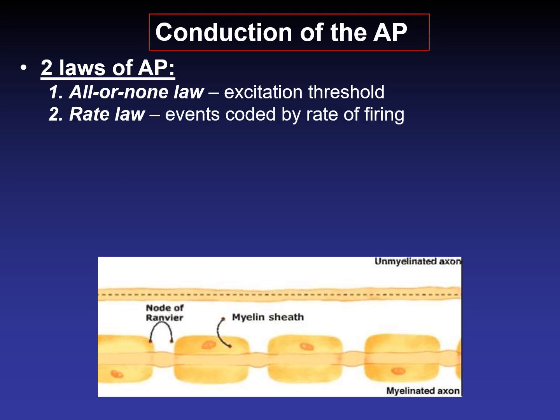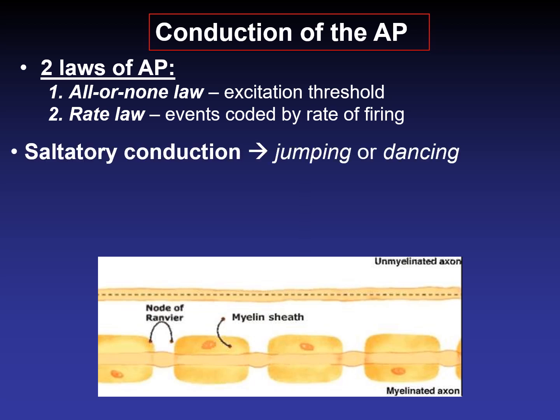I'm going to skip these two laws of action potential for a moment and first explain saltatory conduction, then I'll come back to those two laws. Saltatory conduction refers to the process of jumping or dancing.